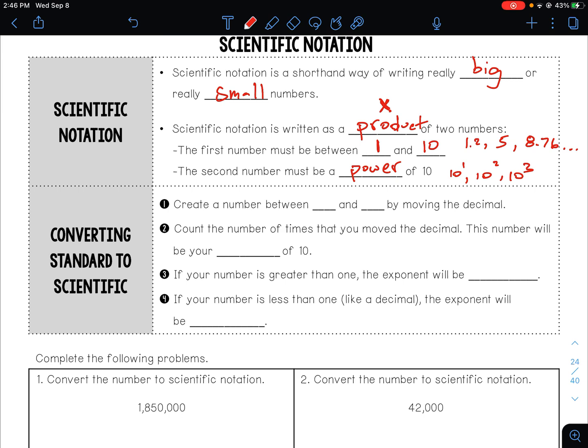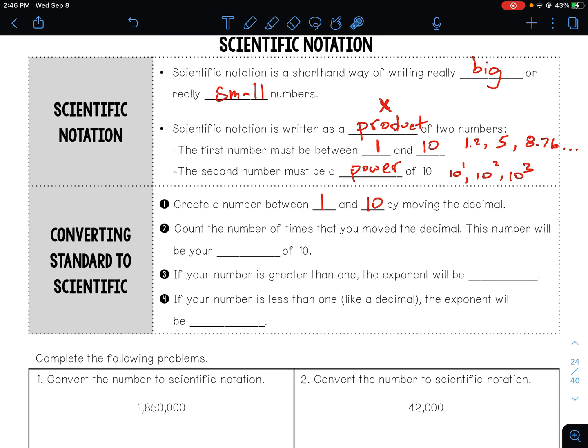To convert from standard to scientific, standard would be a number like a million. To convert a number like a million to scientific notation, you would create a number between 1 and 10 by moving the decimal. Number two, you count the number of times that you move the decimal.